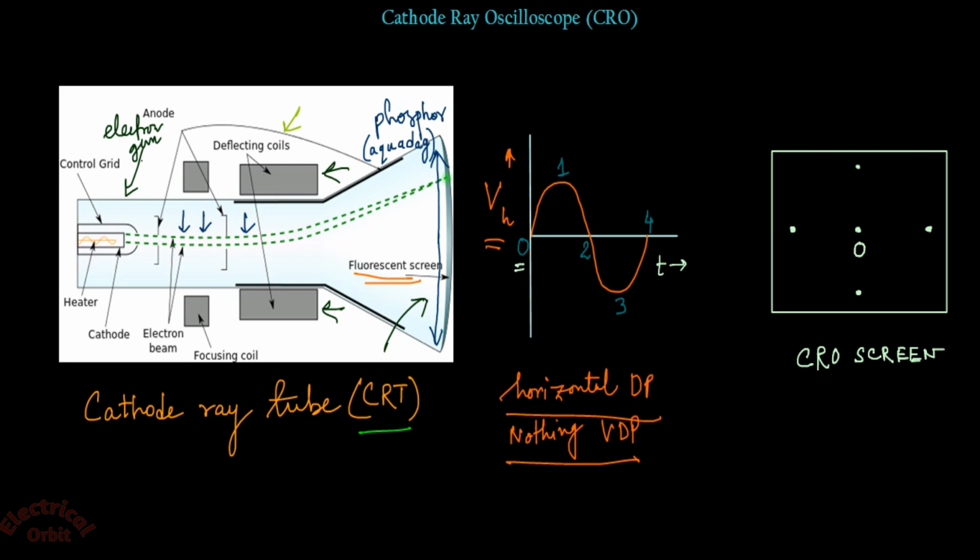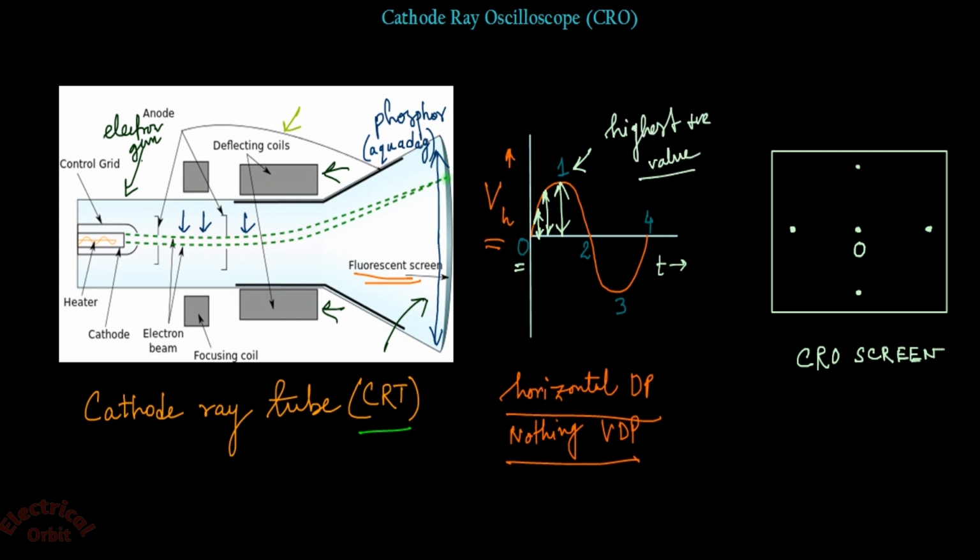Now, when the amplitude of the waveform is increasing, it is moving towards position 1, where it has the highest positive value.